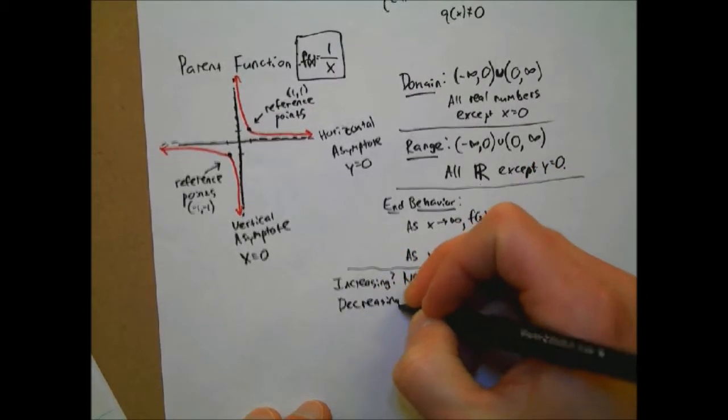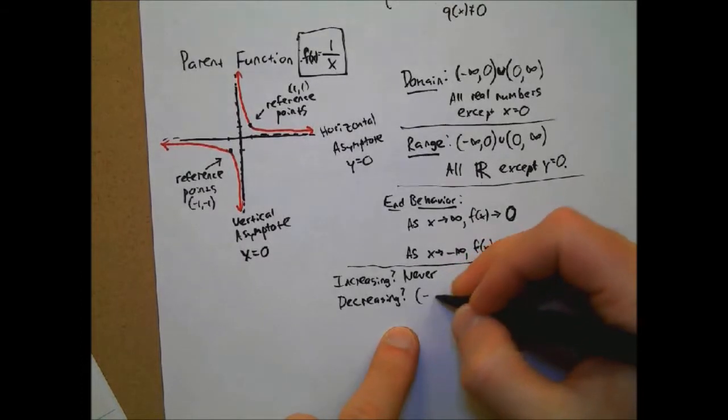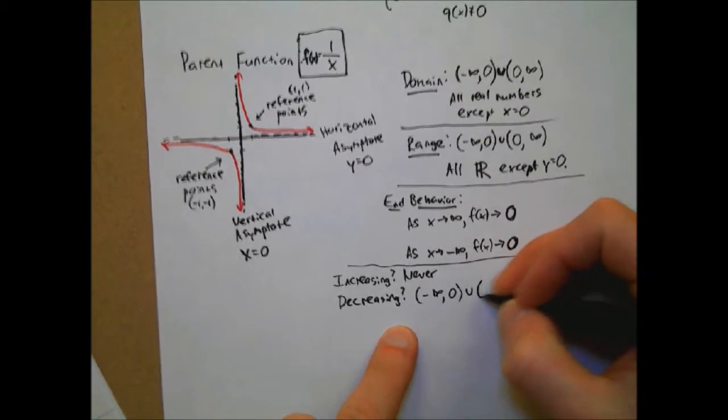Going down from left to right? Yeah. So now, can I say we're decreasing for all numbers? Can I say from negative infinity to infinity we're decreasing? Or is there a place where we are not decreasing still? At 0. Yeah, we're not decreasing at 0. So we're going to say negative infinity to 0, union 0 to infinity.